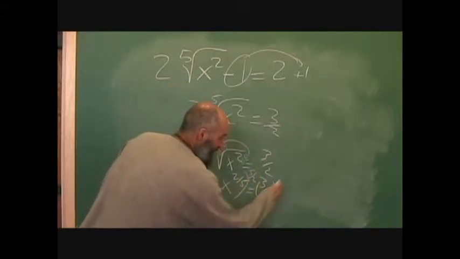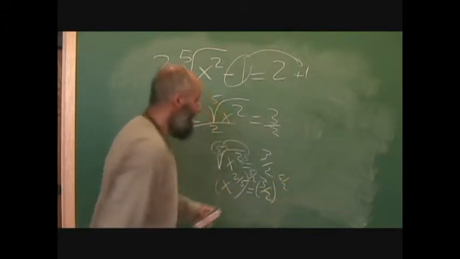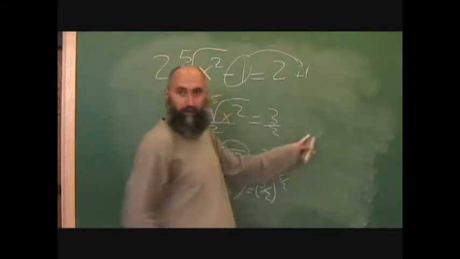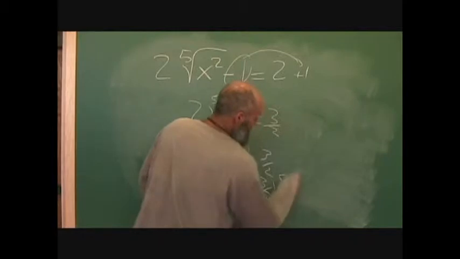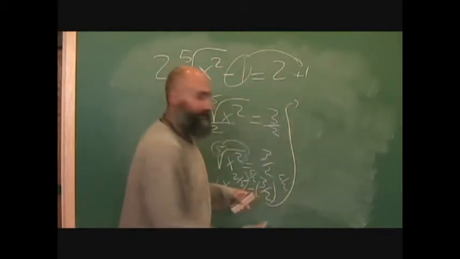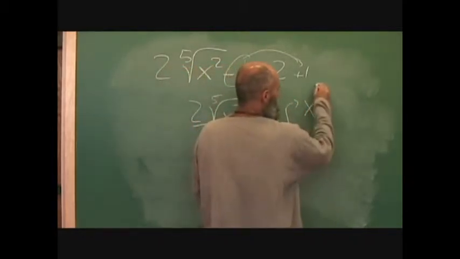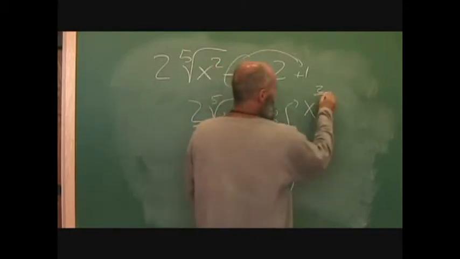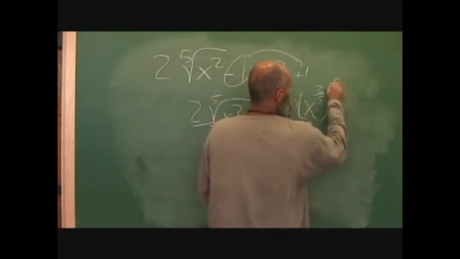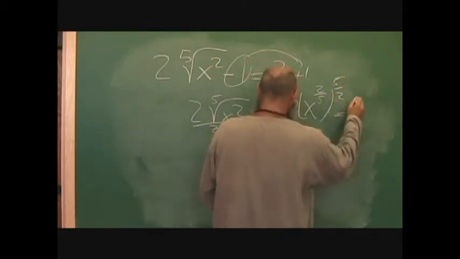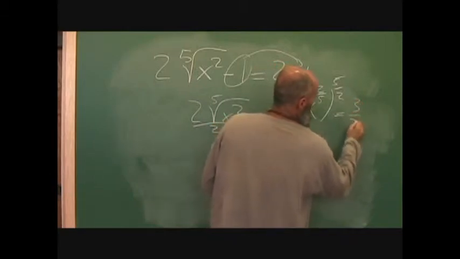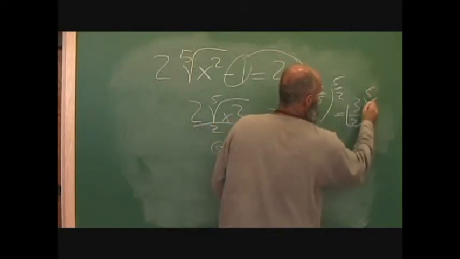So you've got to take this side to the power of 5 over 2. I'm just going to rewrite this so it looks cleaner. So this is going to be x to the 2 over 5, to the power of 5 over 2, is equal to 3 over 2 to the power of 5 over 2.